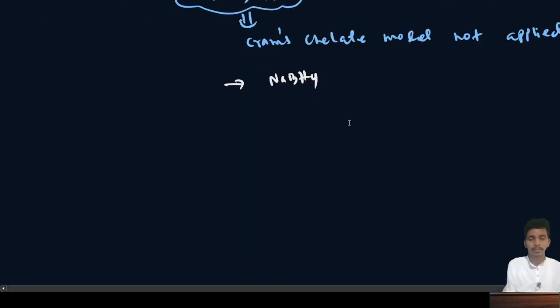Okay, like if an example is there, let's say here we have OH, and here let's say we have NaH.